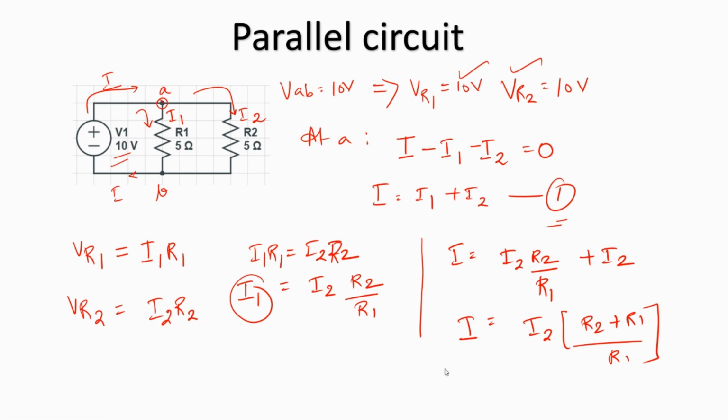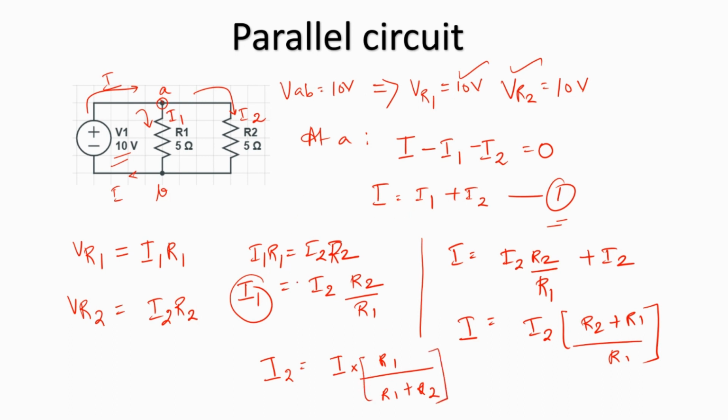I can now rewrite this entire equation, making I2 the subject of my equation. So this means I can use this equation to find out I2. So what would I2 be? I2 is going to be equal to I into R1 divided by R1 plus R2.